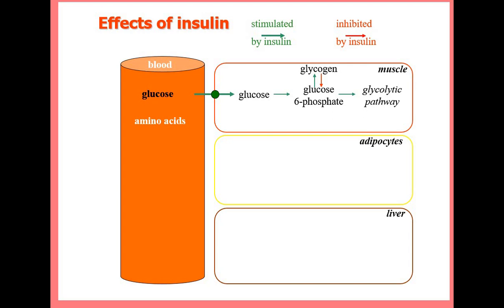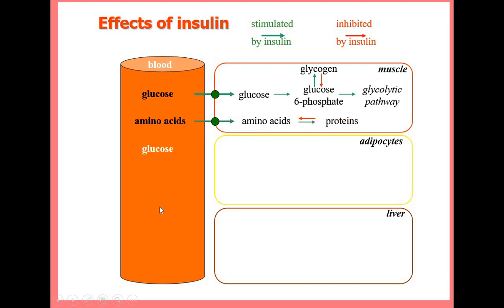Similar anabolic effects for amino acids you can also consider, right? Remember that the overall metabolic effects of insulin are relevant to anabolism, right? Anabolism means small molecules will be converted to macromolecules, right? So amino acid active entry is stimulated, and once entered into the cell, their conversion into proteins will be stimulated, while proteolysis is inhibited. Catabolic process is inhibited, anabolic process is stimulated.